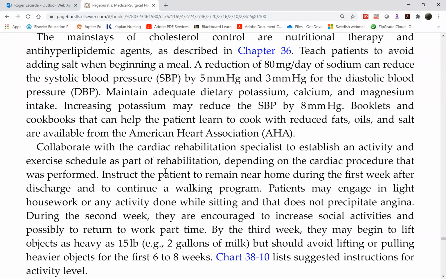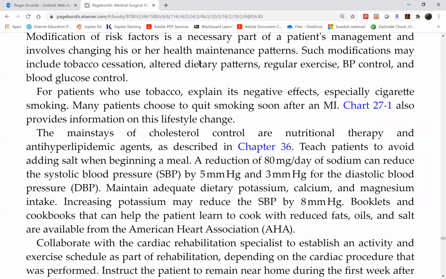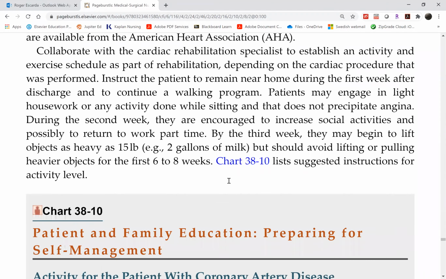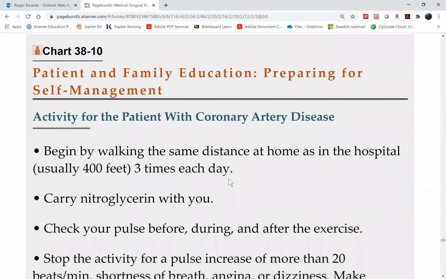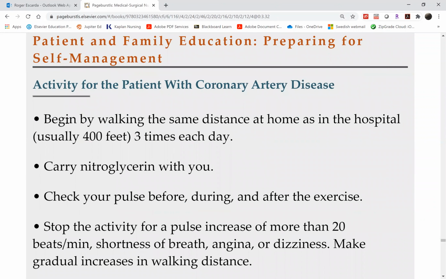As far as activity goes, you already know this one for smoking cessation, exercise, and all that. So that wasn't new. So here is your after open heart surgery. This is now your teaching. So they gradually increase activity.